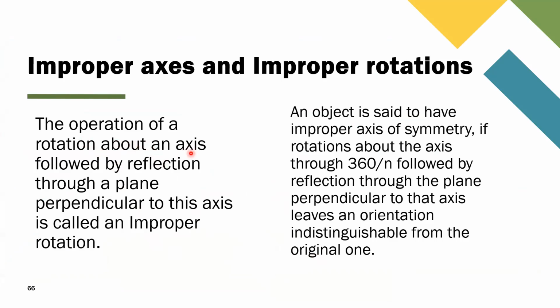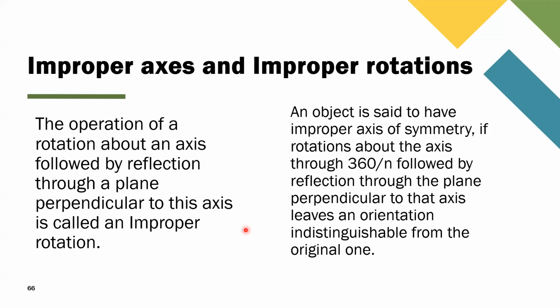The operation of a rotation about an axis followed by reflection through a plane perpendicular to this axis is called an improper rotation. An object is said to have an improper axis of symmetry if rotation about the axis through 360 over n, followed by reflection through the plane perpendicular to that axis, leaves an orientation indistinguishable from the original one.